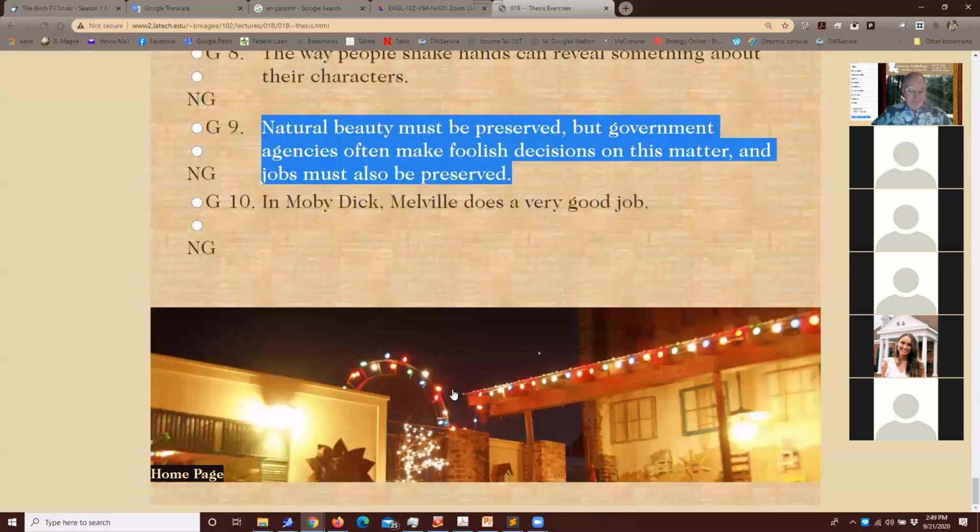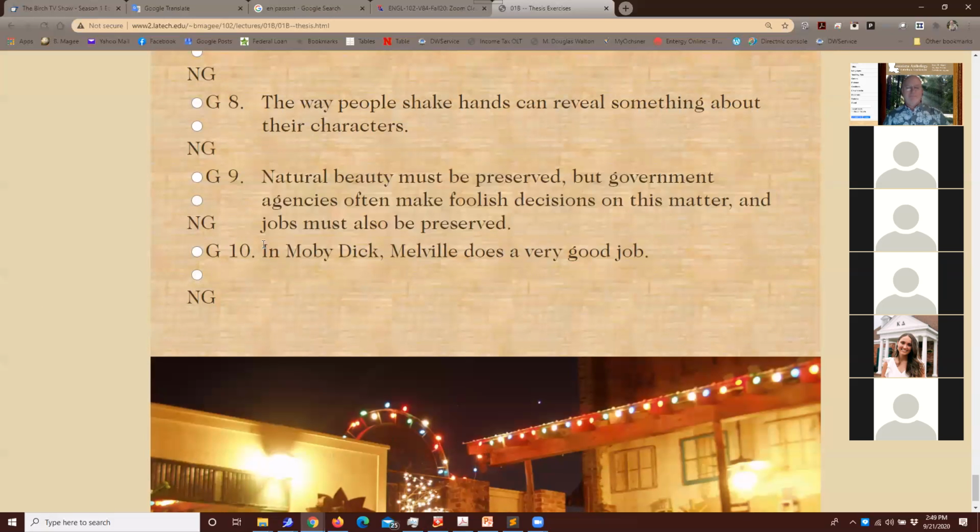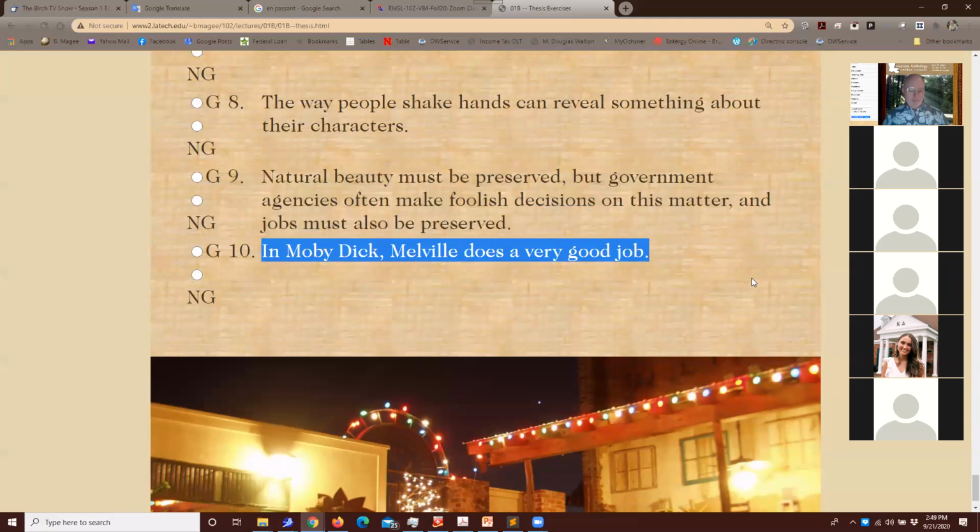All right, so we have one more. We're out, so we're going back to the top. Bruno, you get to double dip. In Moby Dick, Melville does a very good job, and that's pretty broad. That's really broad because Moby Dick is the great American novel.